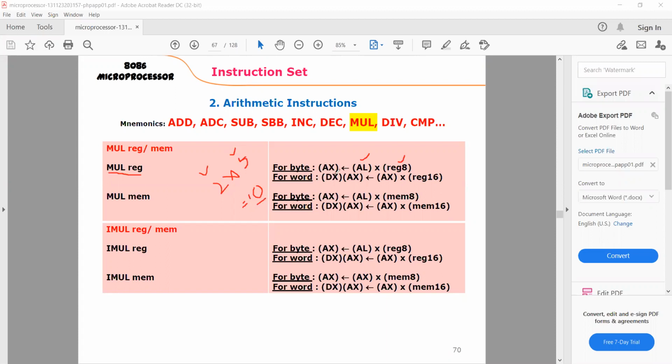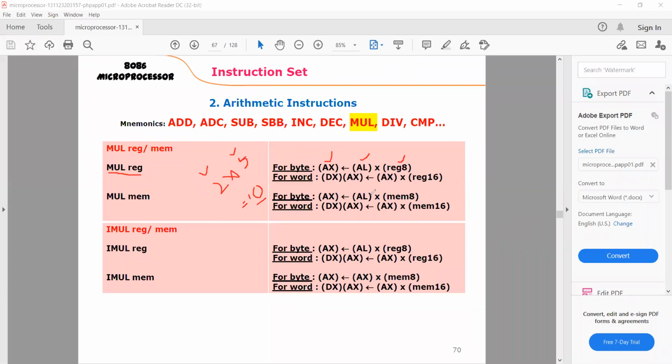That is why we use a 16-bit register, because two 8-bit numbers can produce an 8-bit number or a 16-bit number. So the result is always stored in the AX register, which is a 16-bit one.